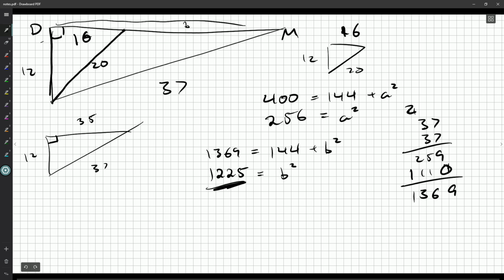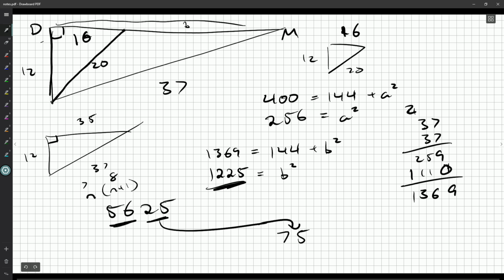If I see something like 5625, it's very easy to tell what the square root of that is. You take off the 25, which puts a 5 at the end. And then what's left? 56. If what's left looks like some number times some number plus 1, which in this case would be 7 times 8, then it's the smaller of the numbers, 75.